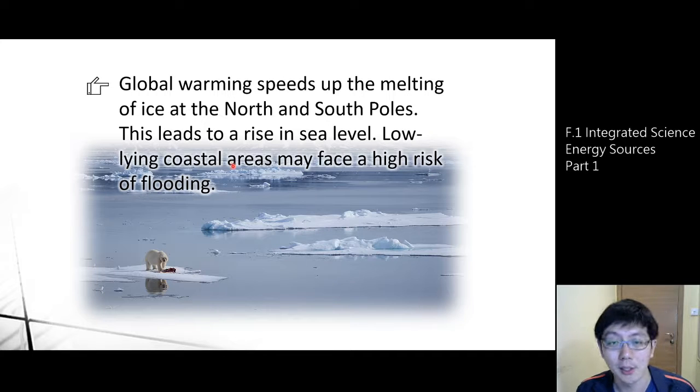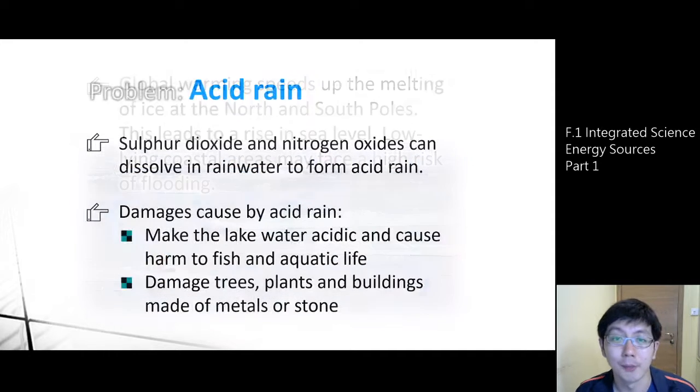I'm not going to discuss it in detail, as this is just an extension part for integrated science. You will learn this in more detail in Form 2 when we study air pollution. But actually, they just repeat again and again across different subjects. So I need you to read this part by yourself.